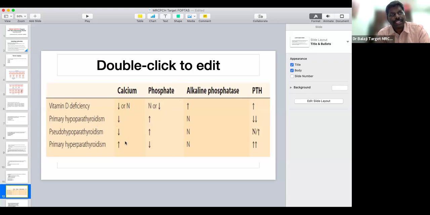Or if calcium is high and phosphate is low, then that is due to parathormone excess. And remember, in this tabular column, the alkaline phosphatase is not elevated with regards to the parathormone related disorders. So only in rickets you have the elevated alkaline phosphatase. Okay. And how will it be in pseudohypoparathyroidism? Can anyone tell?